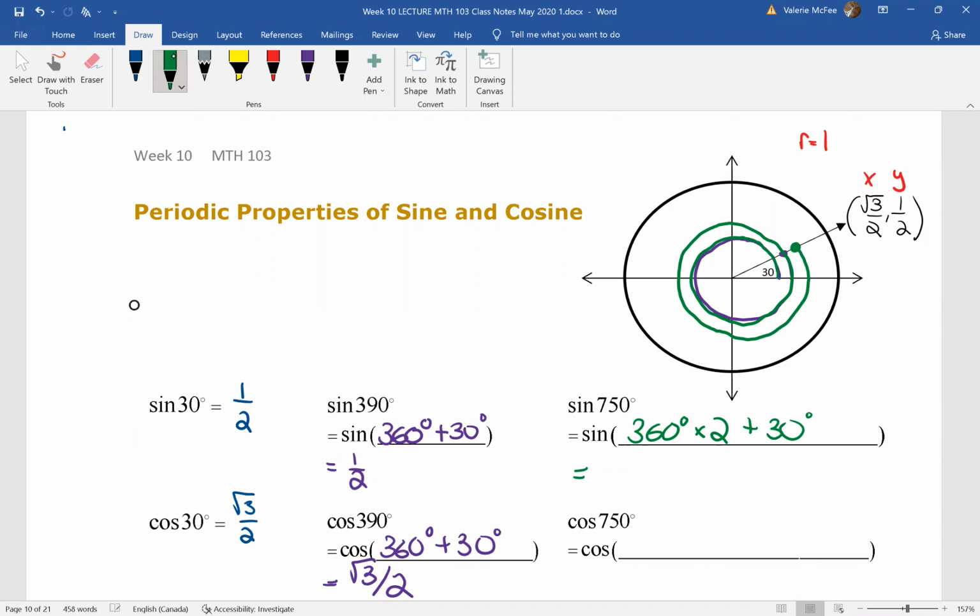Still equal to 1/2 for sine, and still equal to √3/2 for cosine. Notice that for each of these, going around the circle made no difference to the answer as long as we completed a complete revolution once or twice.